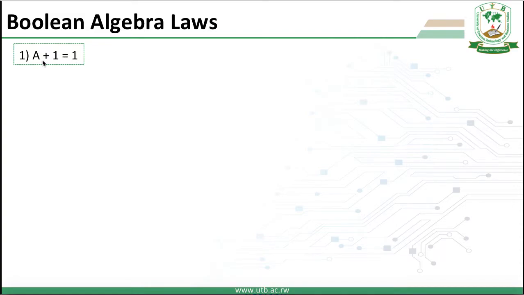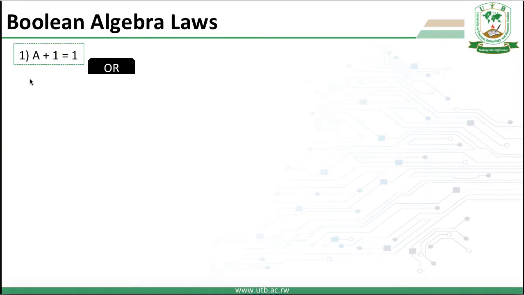If you find this in a given Boolean expression and you want to simplify, you can apply this law. Whenever you see any Boolean variable, A plus 1, B plus 1, C plus 1, any one of them, the resultant value will be 1. How? Let us understand with the truth table. Because of the plus, we are going to do the OR operation.